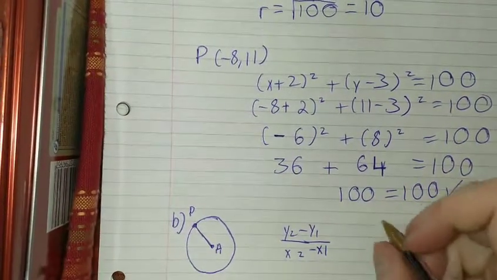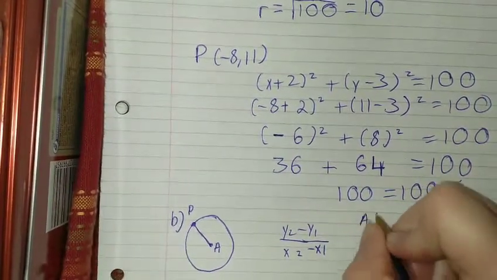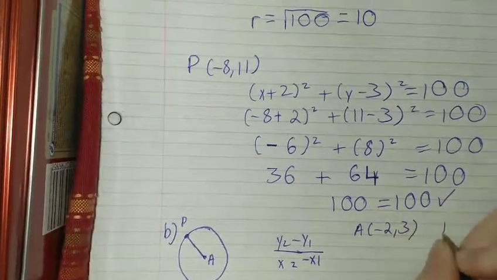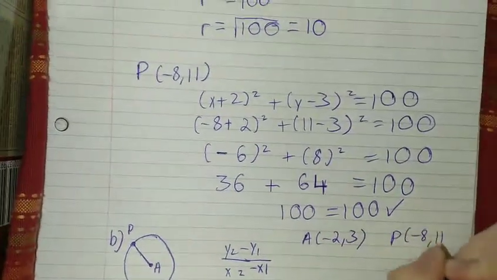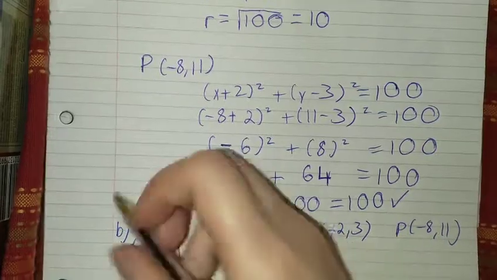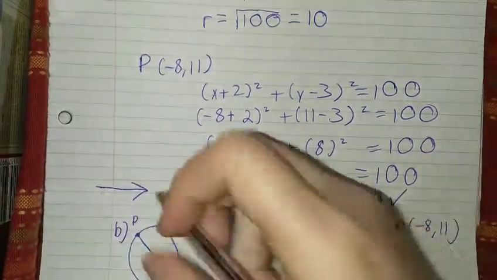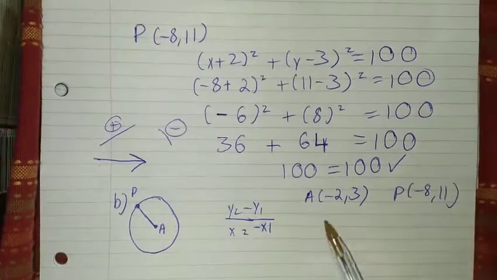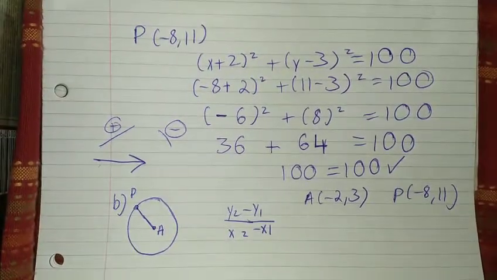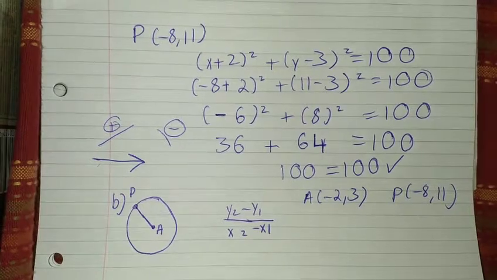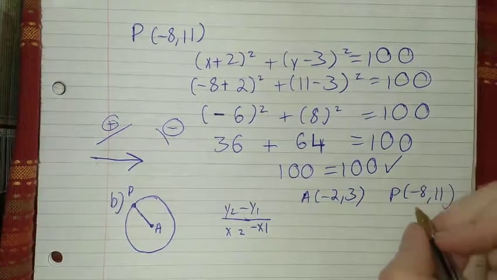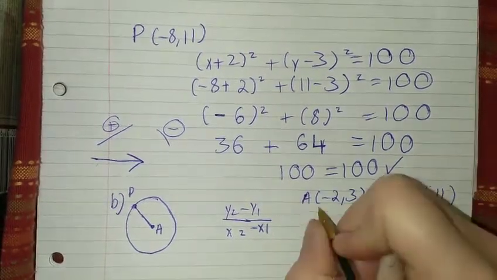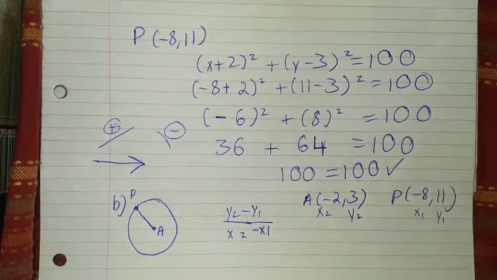My point A, which I got as my centre, is (−2, 3), and P is (−8, 11). When I'm getting the slope, it always has to go from left to right. So I take the point that's closest to the left as my x1, y1, that's the point with the lowest x value, and the other will be my x2, y2.